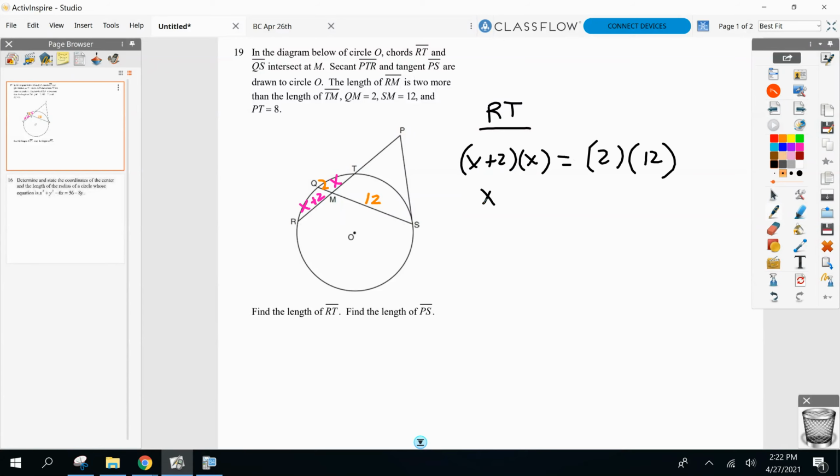Let's solve it. x squared plus 2x equals 24. I see an x squared in the equation. It's going to be factoring time. Can't factor unless one side is equal to 0, so let's move that 24 over.